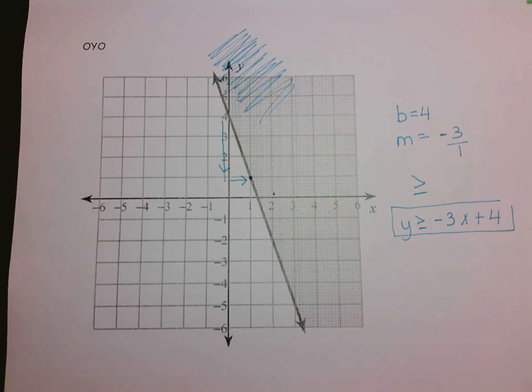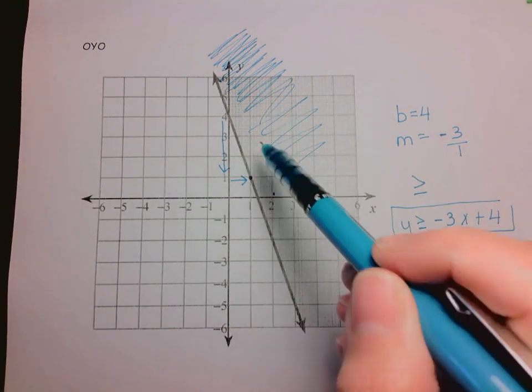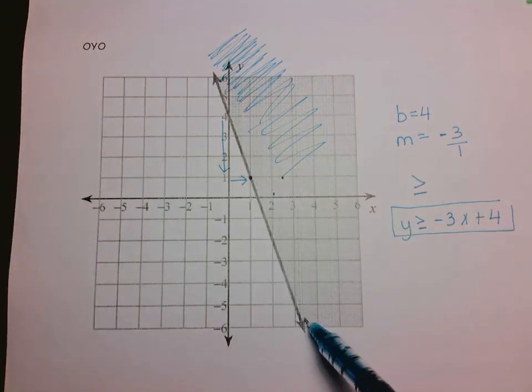Here the line is solid, so it's going to be an or equal to. So one last time to make sure that you fully understand what this means. The coordinate points that are going to make this inequality a true statement lie in this shaded region here and on the line itself because it's a solid line.